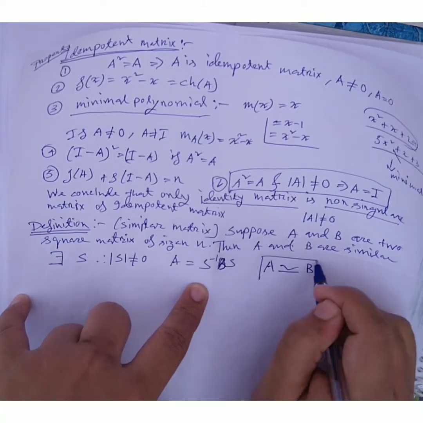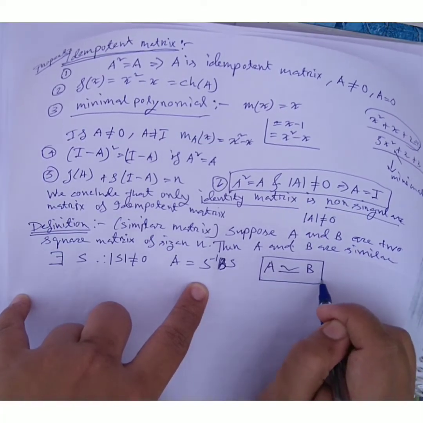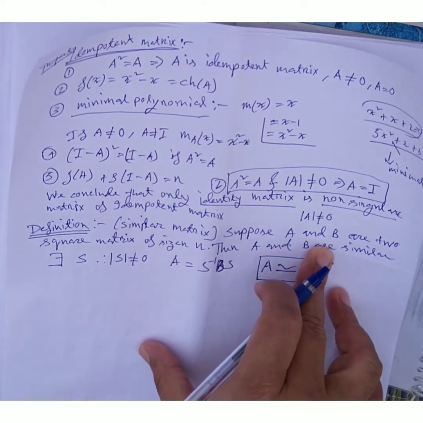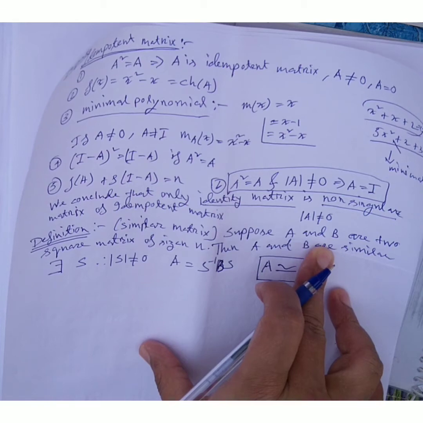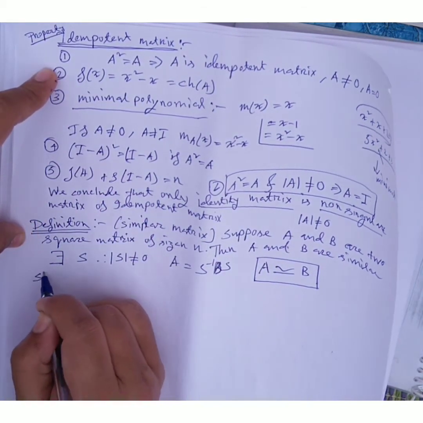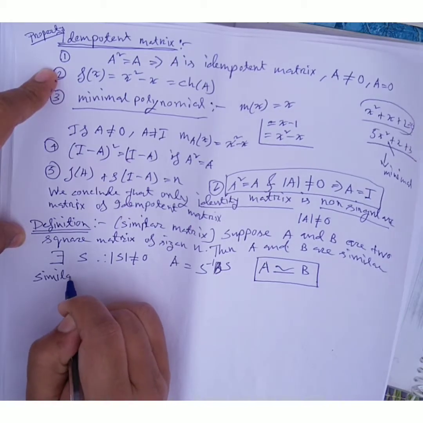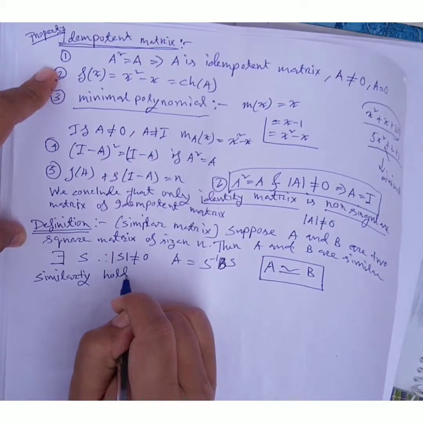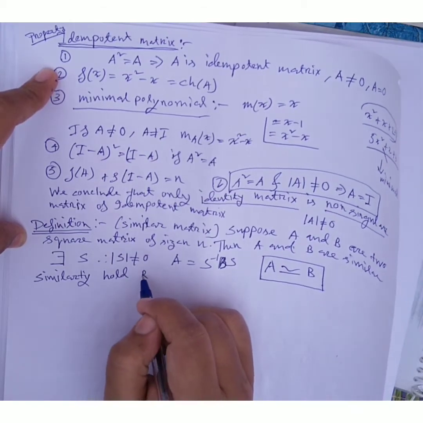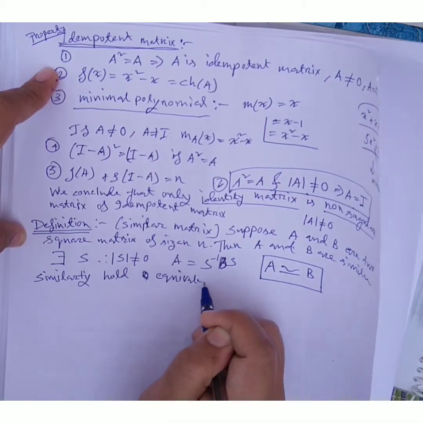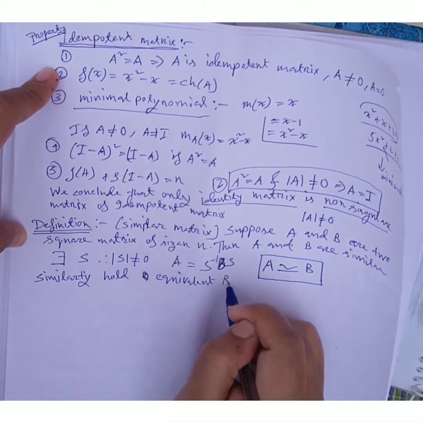Similar matrix is a very, very important concept of linear algebra. A lot of questions come from linear algebra in CSIR NET examinations. Another fact is that similarity holds an equivalence relation.